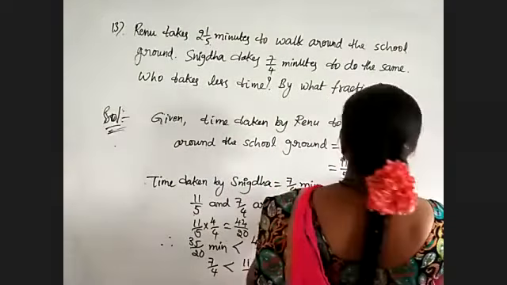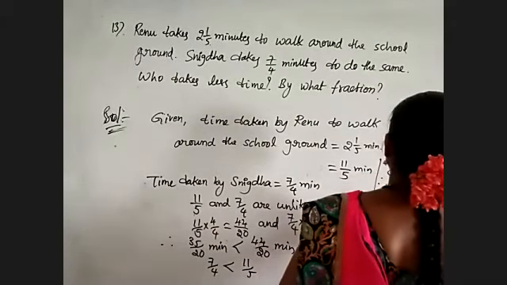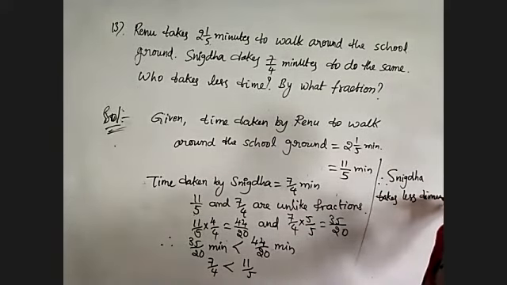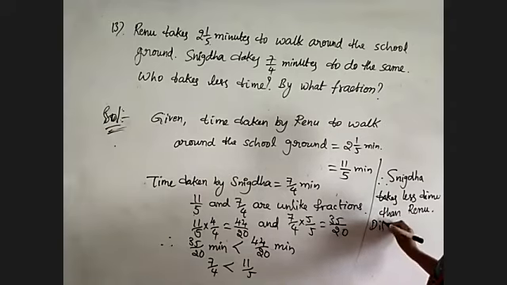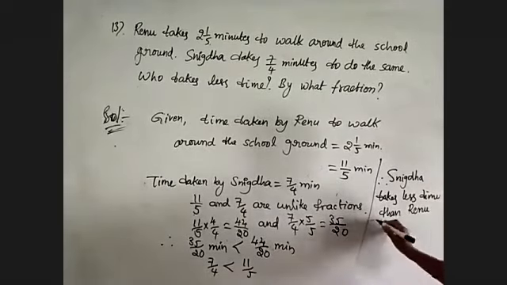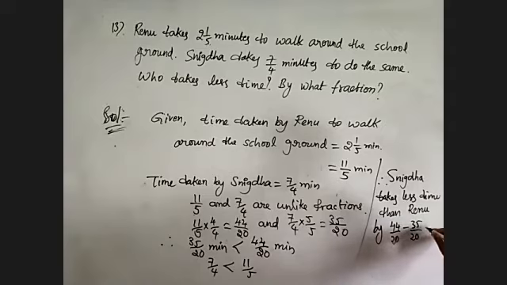Therefore Snigdha takes less time than Renu, and the difference is 44/20 minus 35/20, which is nothing but 9/20 minutes.